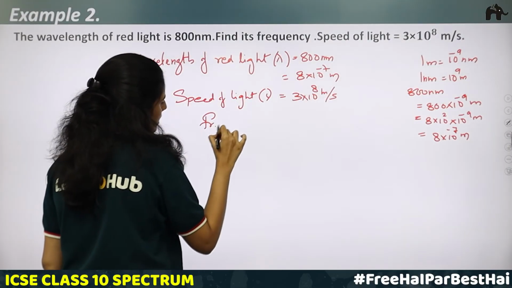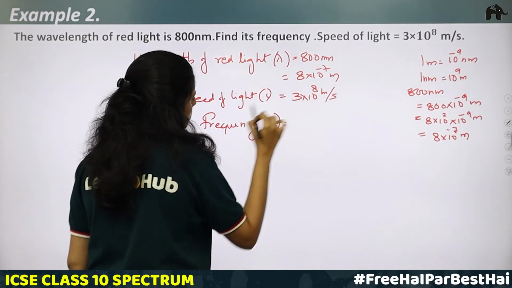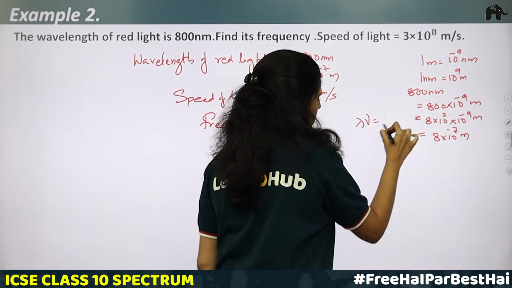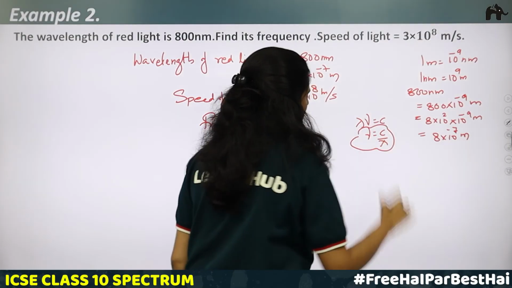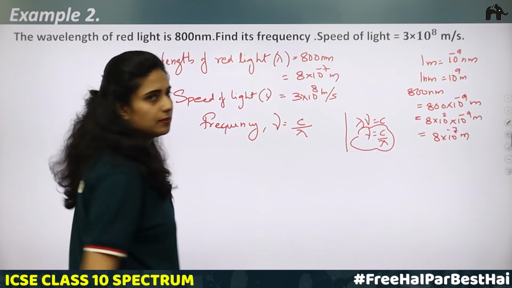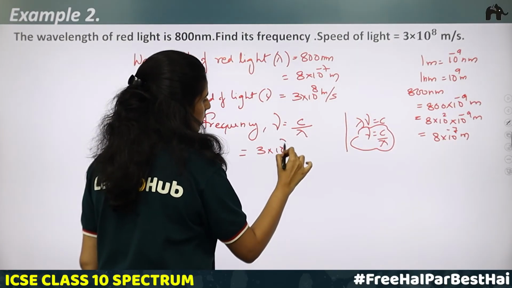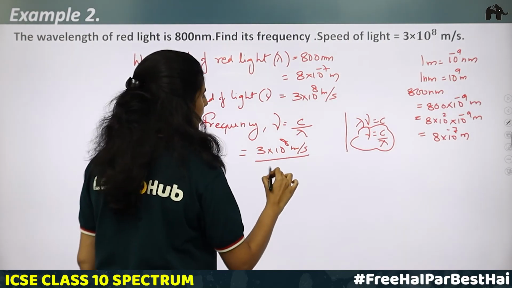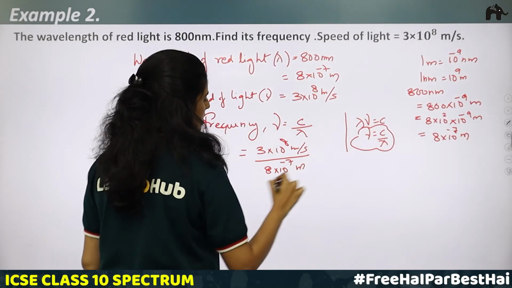Now we can find frequency. Frequency nu is equal to, so what is the relation? If lambda nu is equal to C, then nu is equal to C by lambda. What is C? 3 into 10 raised to 8 meter per second, and lambda is equal to 8 into 10 raised to minus 7 meters.